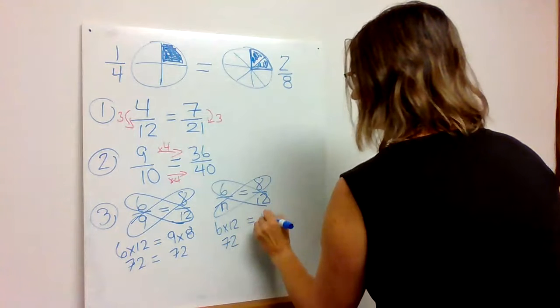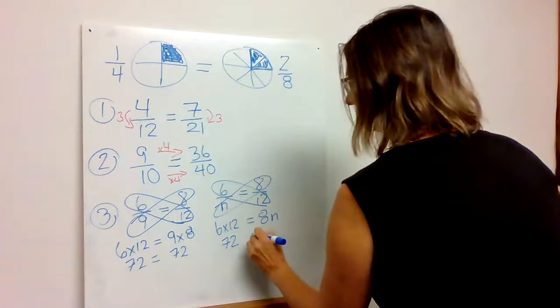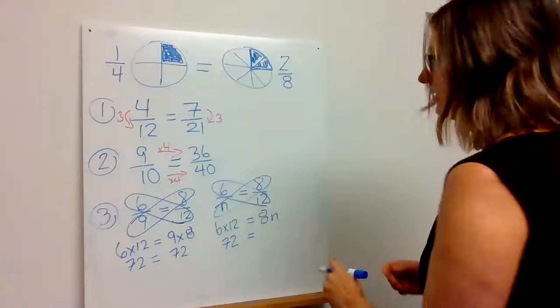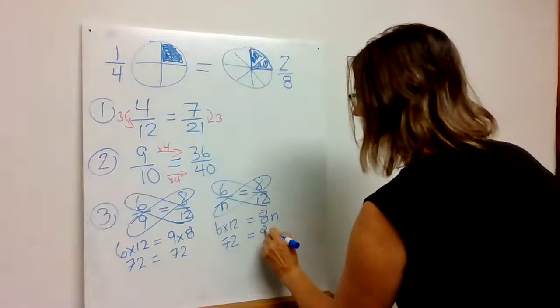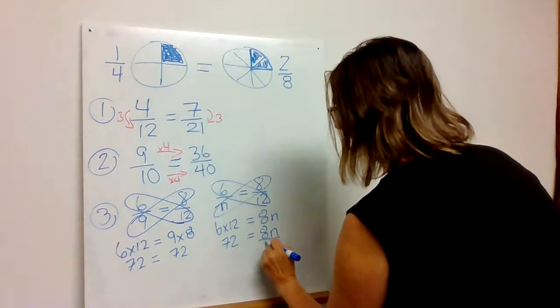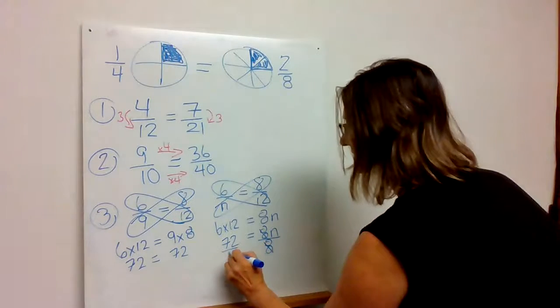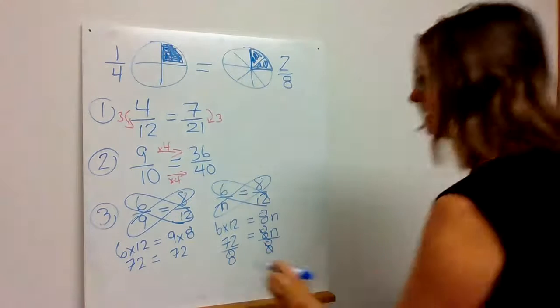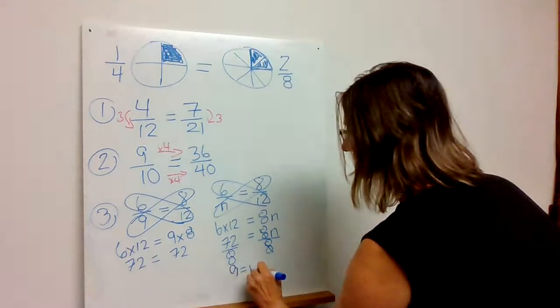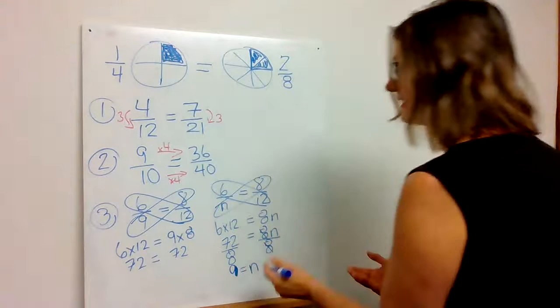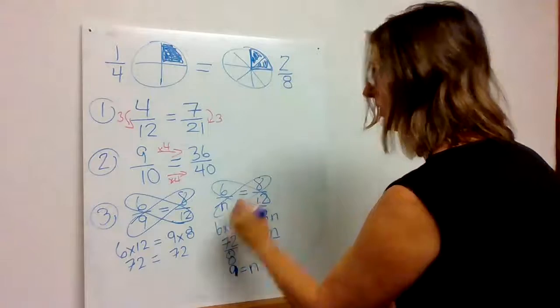And 8 times n, what do we do there? We have to divide the 8 off just to get n by itself, which means we also need to divide the 8 off of this side. Now we have 9 equals n. And there is our answer. We can put a 9 where the n was.